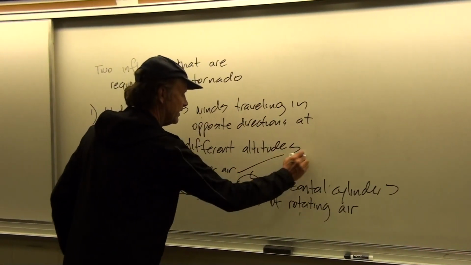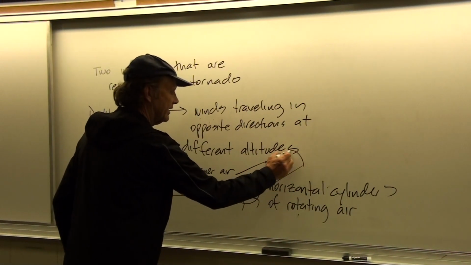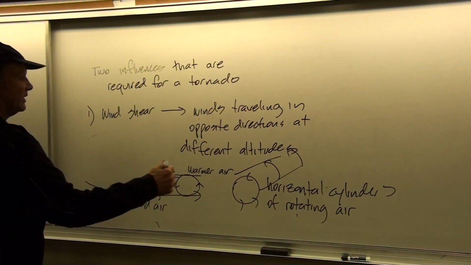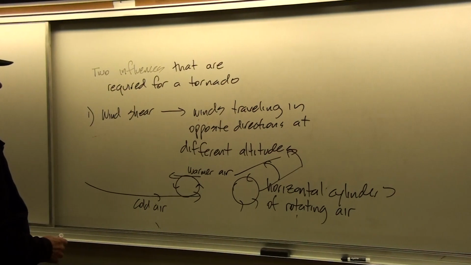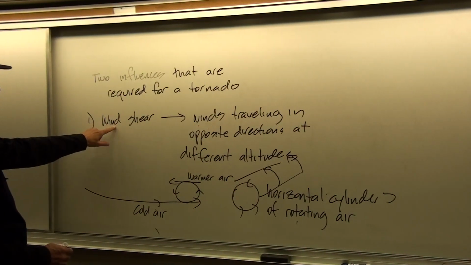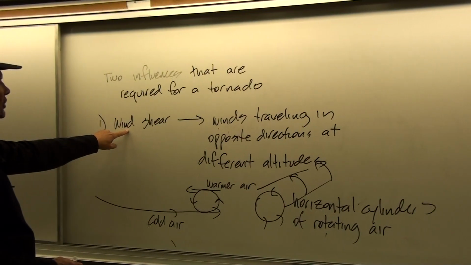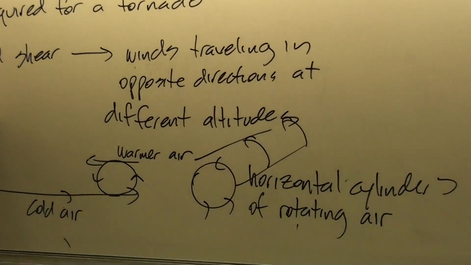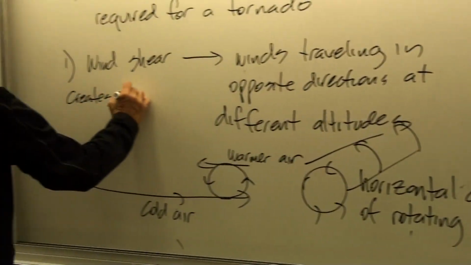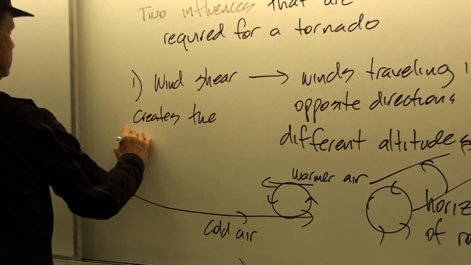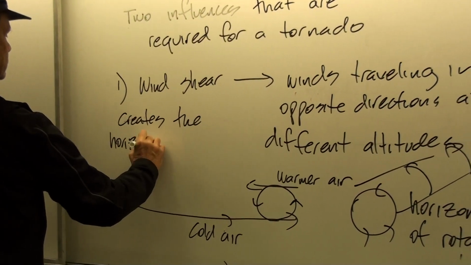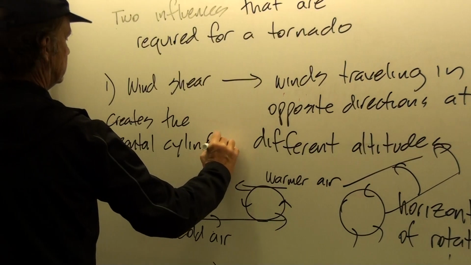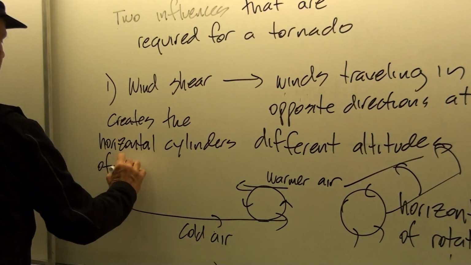And so these things then would be rotating like that, but they would have a spatial extent to them that would be associated with this wind shear that is happening near the surface. So that's the first thing you need, is wind shear. That creates the horizontal cylinders of rotating air.